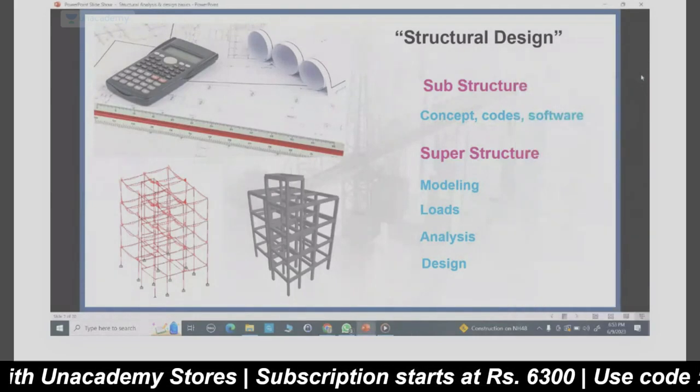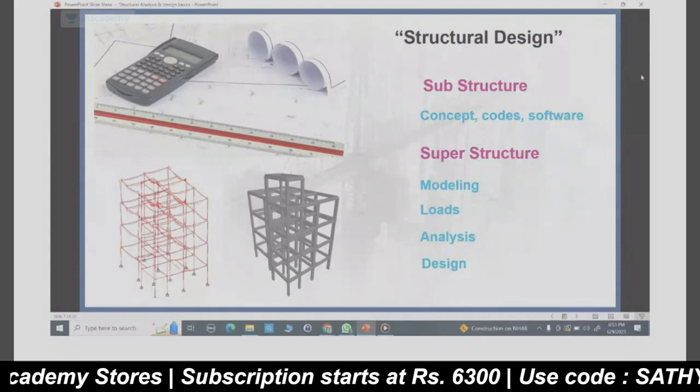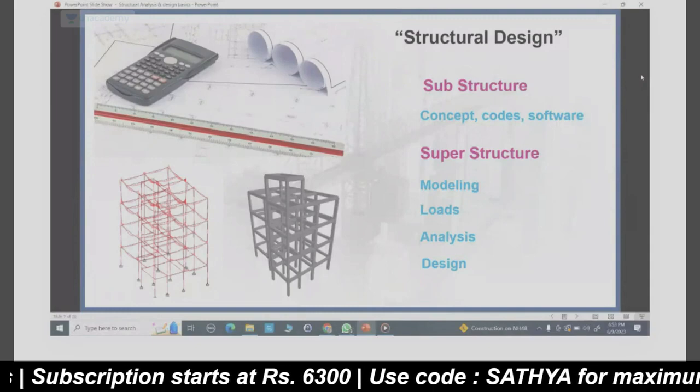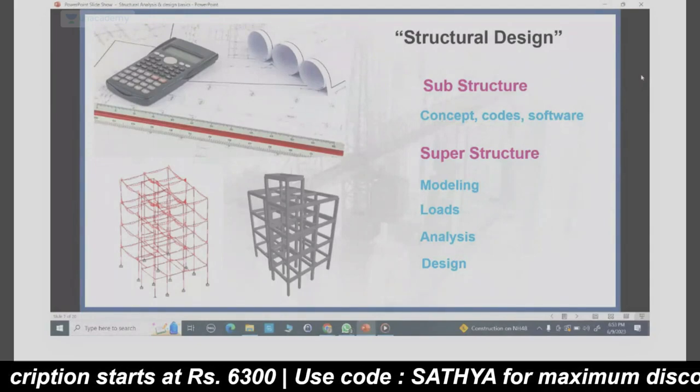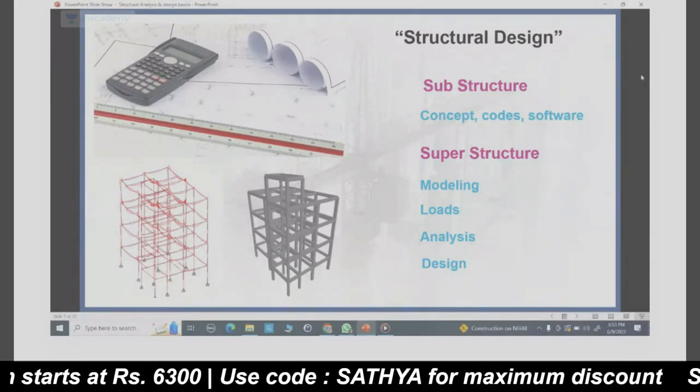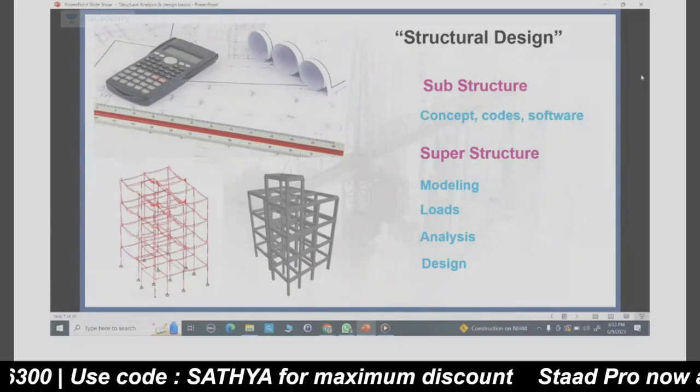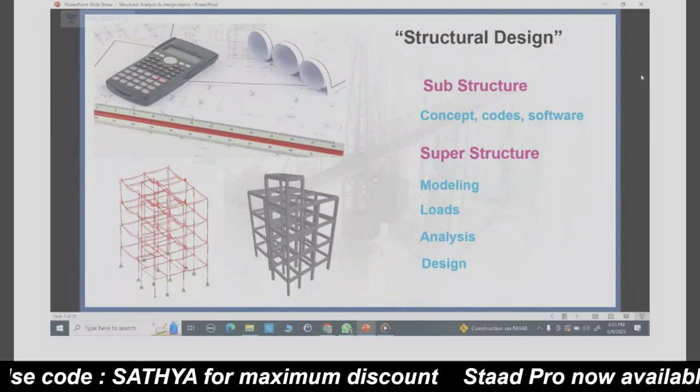And then we'll have SP16 for design aids, SP34 for detailing, and IS 13920 for ductile detailing, and so many codes we have. So those codes and standards we need to follow.